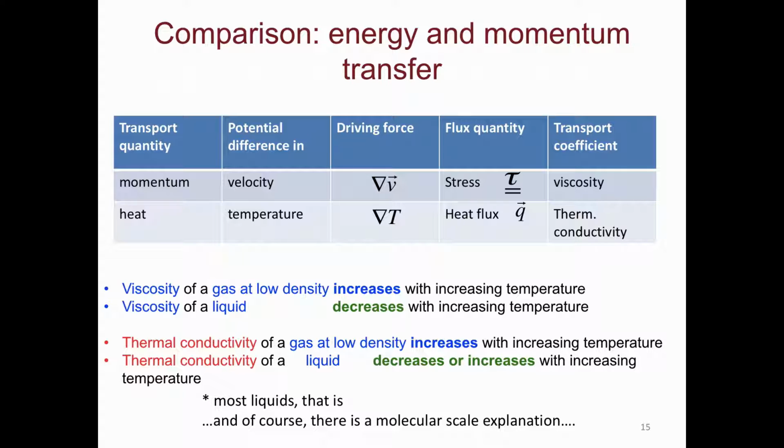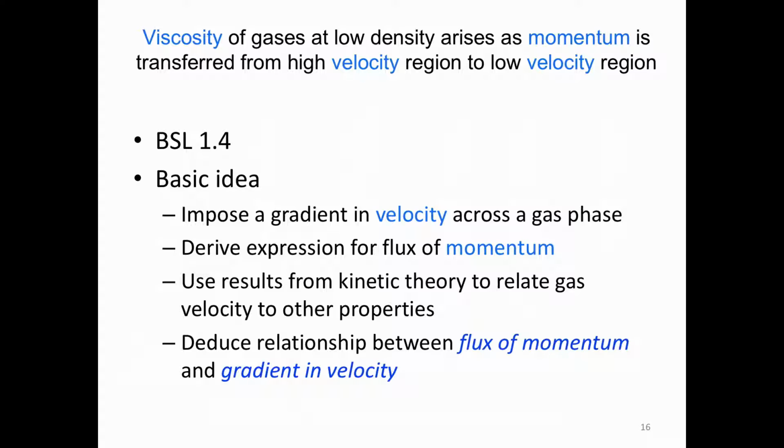For thermal conductivity, for gas at low density, it does increase with increasing temperature. We saw that in that first table that I showed. However, for liquid, it could decrease or increase, and we had that in the table as well. So there is a molecular scale explanation. However, the theory is a little more difficult.